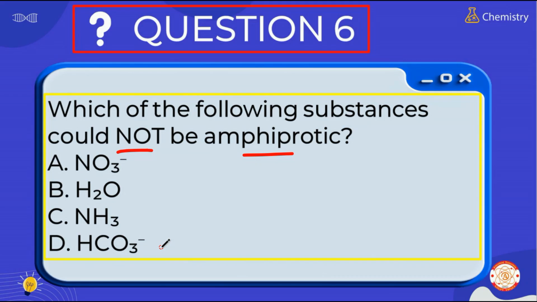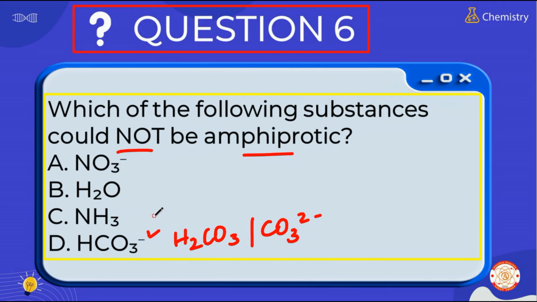Bicarbonate ion can act as amphiprotic because when this accepts a proton it becomes carbonic acid, and when it donates a proton it becomes carbonate ion. Therefore this is amphiprotic.